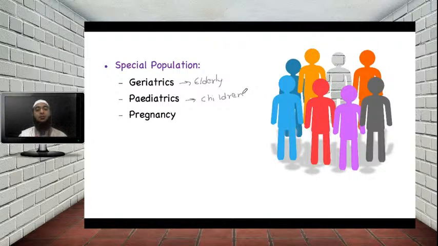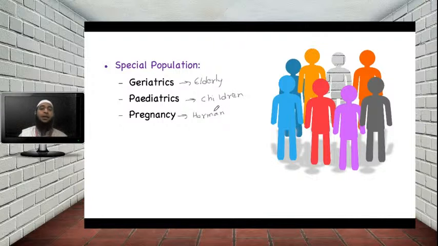The third special population is the pregnant woman. In pregnant women there is a tremendous change in the hormones. Due to the hormonal change, the drug may produce a different pharmacological action, or may interact in a different way.